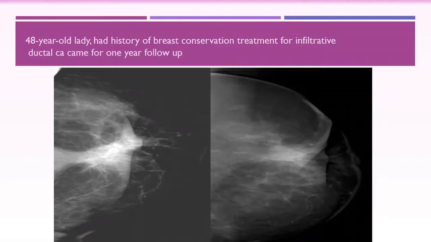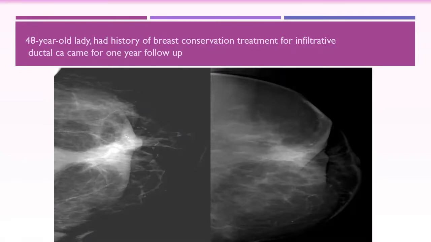She developed skin thickening, and I have shown you the earlier one. This is the first one, after surgery and radiotherapy. That is the one, and this is one year later.